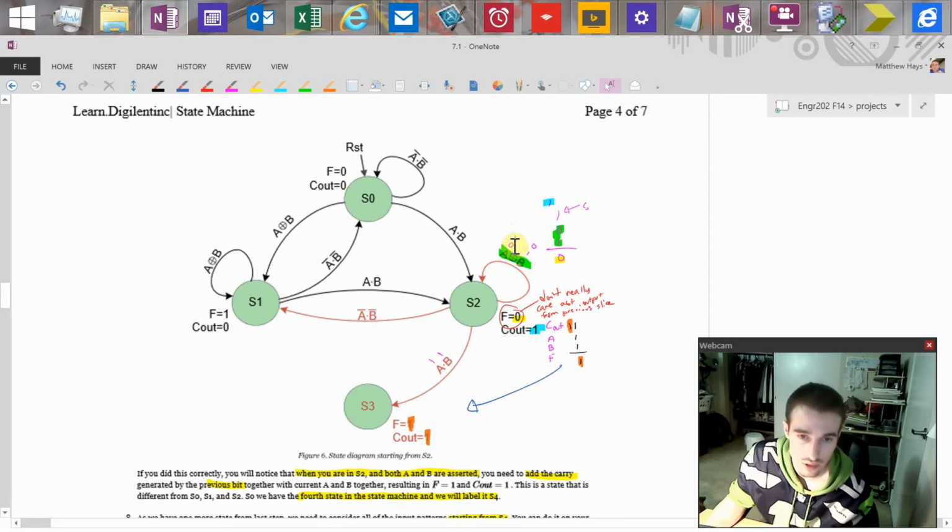If A is 0 and B is 1, or A is 1 and B is 0, then you get this situation where the carry out of 1 is given here, and 1 plus 0 plus 1, where this is A and B, would give you a 0 and a 1 out.